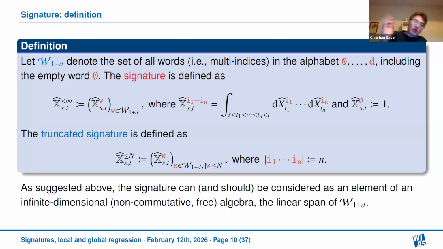But if we now take iterated integrals instead, they are not commuting. So if I change the order of my indices, there is no reason why the iterated integral should stay the same. And generically, it will not. Therefore, we can really think of this as a formal power series in non-commuting variables. This is the big difference to the polynomial case, to the finite dimensional case.